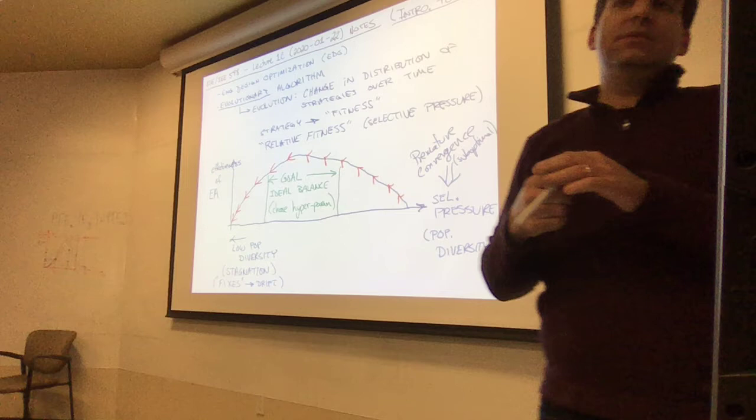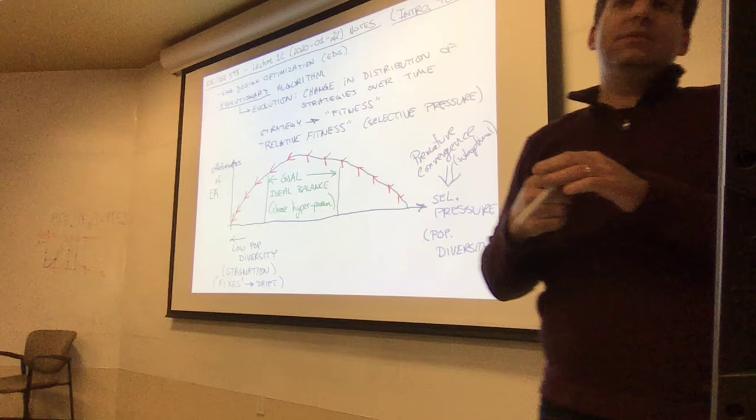Then the thought here is that you've got a bunch of these local optima, and now it's hard to tell which one's which, but let's just pretend that this over here is the global one. So that's where we want to be.